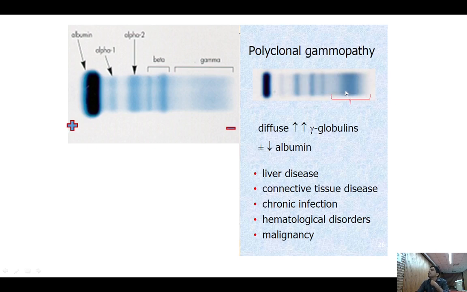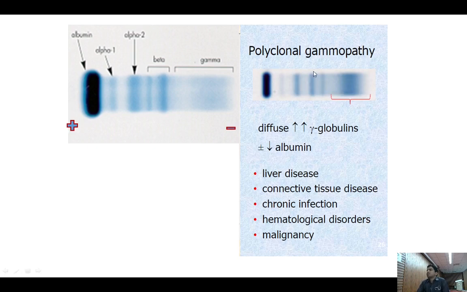The gamma region is increased, stained more in a diffuse way. So it means different types of immunoglobulins are increased. Right. That is the meaning of polyclonal, from more than one clone of the plasma cells. You will read in immunology that different immunoglobulins are produced from different clones of the plasma cell. So that's why different types of immunoglobulin are increased, so it is diffuse.